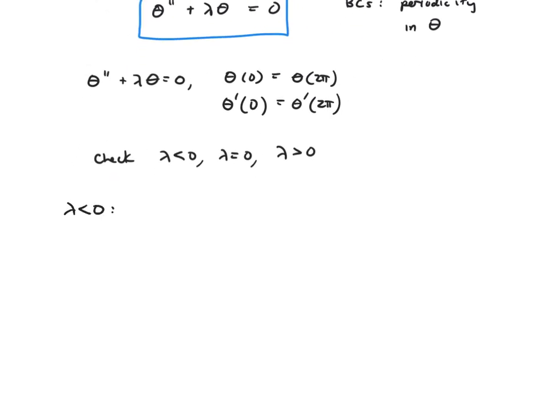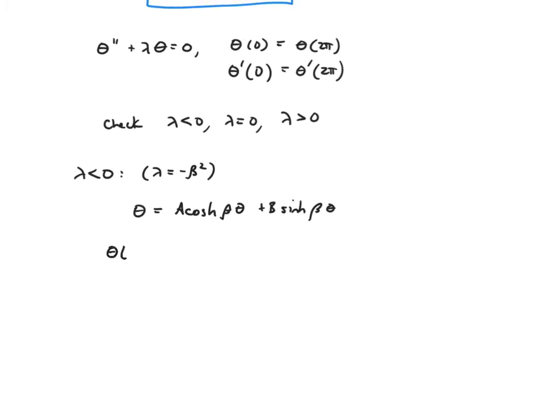Lambda less than 0. What do we get? We'll let lambda equal the negative beta squared in this case. So my theta comes out, you remember this, it's cosh and sinh: A cosh beta theta plus B sinh beta theta.